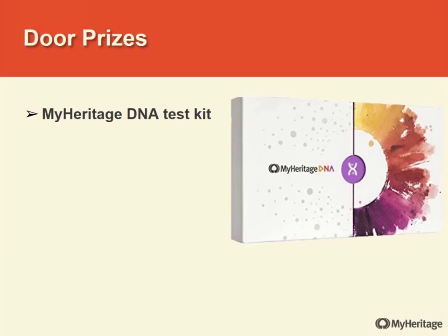Once you order your kit, it'll be shipped out the same day or the day after. We have different shipping methods to get to your door. Then you need to take the test, a 2-minute swab, I promise. You ship it back to the lab, and once they get it, it's 3 to 4 weeks on average, and your results are ready. And you'll be able to see all of the great things I've shown you earlier.